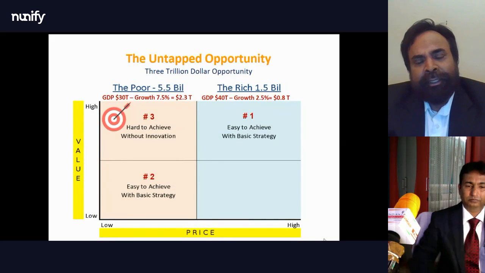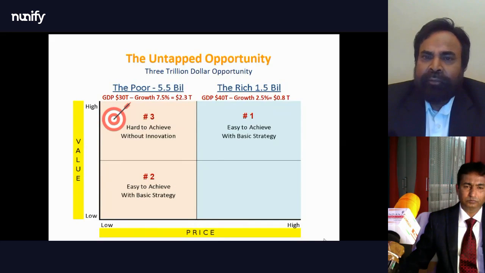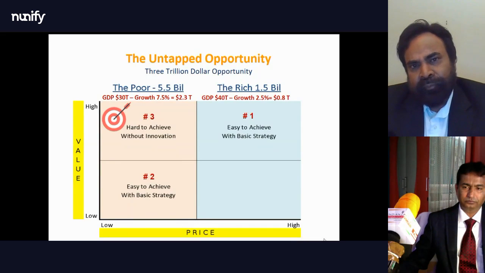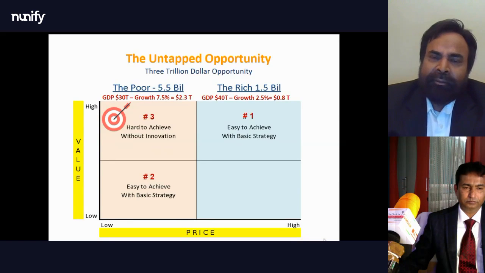You can see on the bottom here, number 1, the rich man can afford high value products at high cost. That's number 1. Very easy to achieve. Number 2, the poor man, you give him crumbs on the table, low value products at low cost.